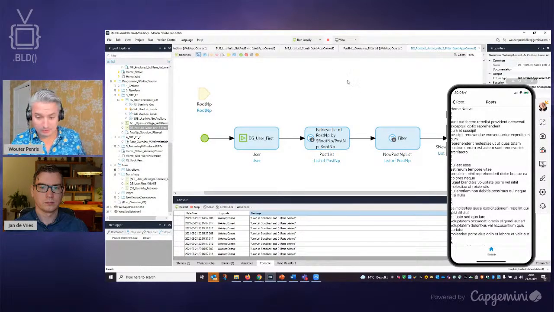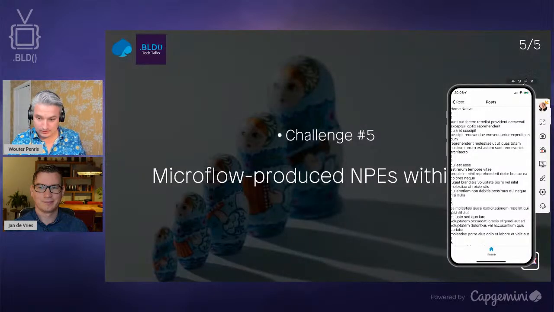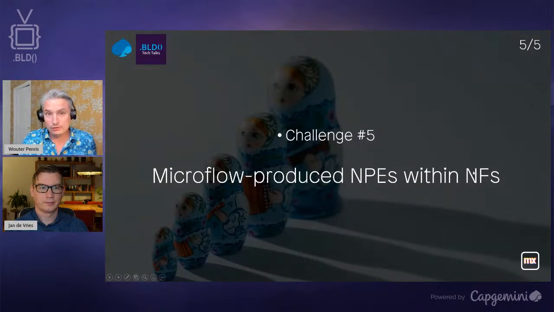Okay, I think it's time to go to the final challenge. And that challenge is right here. So microflow produced non-persistable entities within nanoflows. And this is quite a challenge, and it basically works like this.